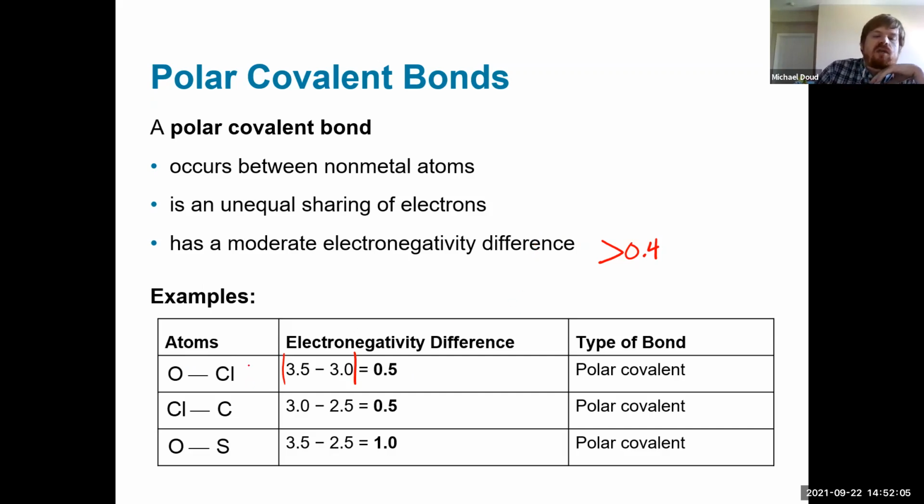Now, which side is going to be partially negative and which side is going to be partially positive? Well, the atom with the stronger electronegativity is going to attract the electrons more, and that's going to have the partial negative charge. In this case, oxygen is more electronegative than chlorine, so that means we're going to have a partial negative charge on oxygen and a partial positive charge on chlorine.